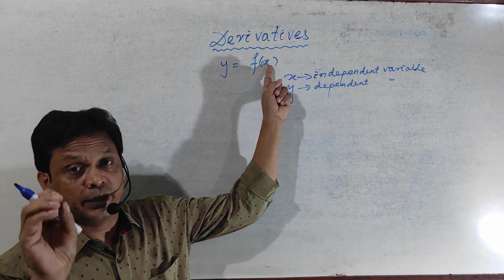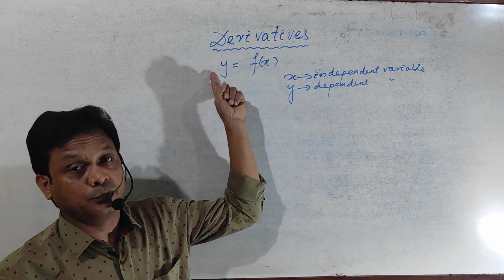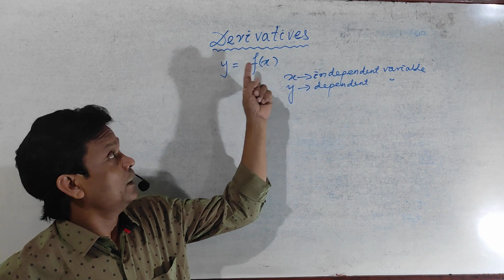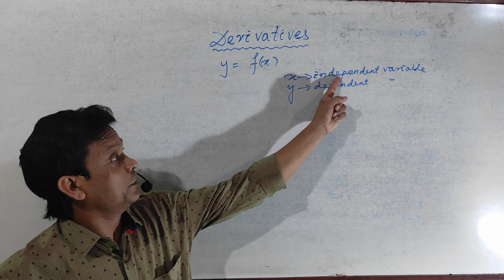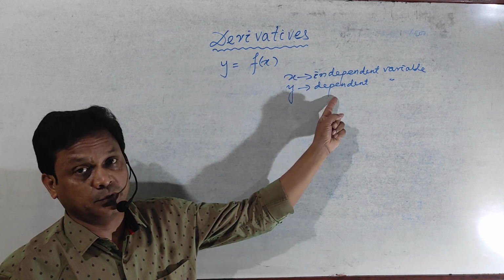If you put a value to x, then you will get the value of y. Since y depends upon x, x is the independent variable and y is the dependent variable.